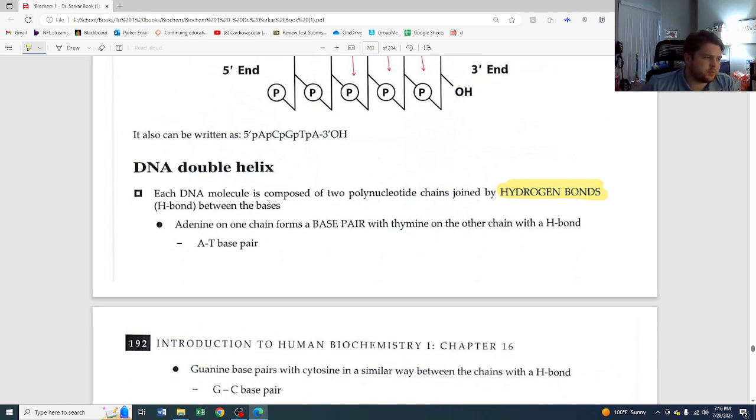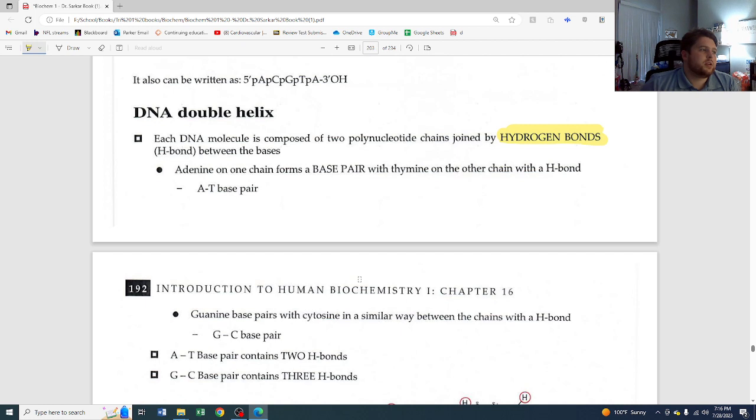The hydrogen bonds are between the different bases. Adenine on one chain forms a base pair with thymine on the other chain with a hydrogen bond, so an A to T base pair. And guanine base pairs with cytosine in a similar way between the chains with an H bond.